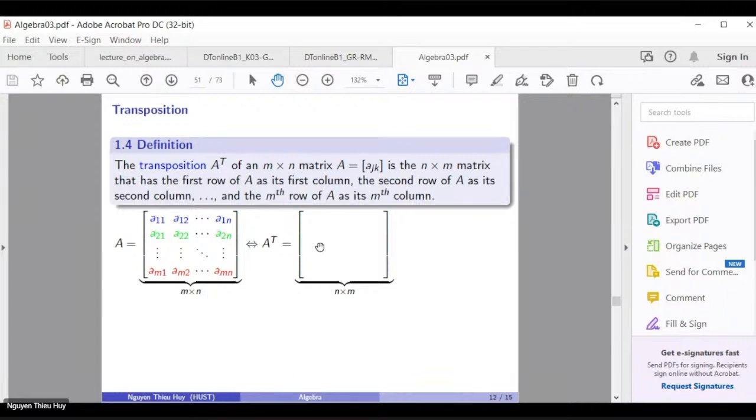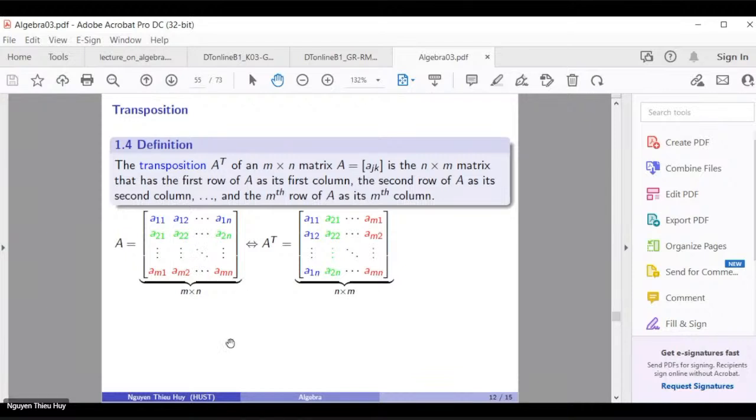So the first column of AT is simply the first row, the second column is the green row, and so on, until the last column of AT is the last row of A.